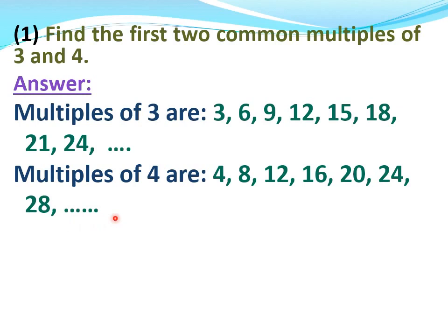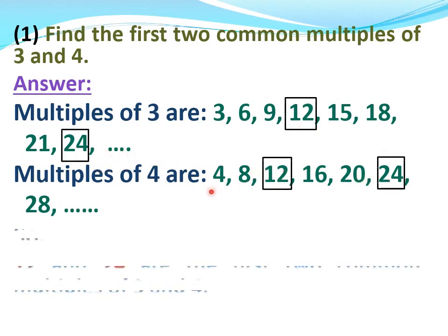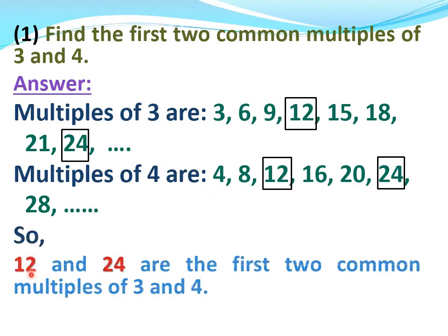Now find common multiples. See, 12 is a common multiple, so mark this. Next, 24 is a common multiple, so mark this. So 12 and 24 are the first two common multiples of 3 and 4.